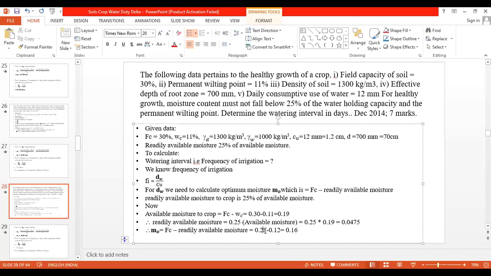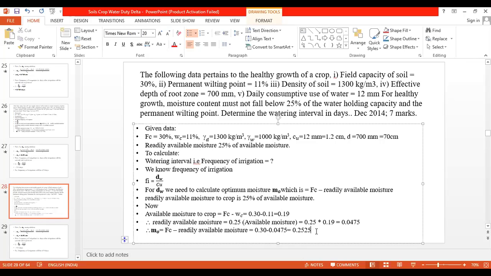Field capacity is 30%, so 0.3 minus 0.0475 is equal to 0.2525. This is the lower limit we can assume here, that is the optimum moisture, the lower limit of the field capacity, out of readily available moisture.